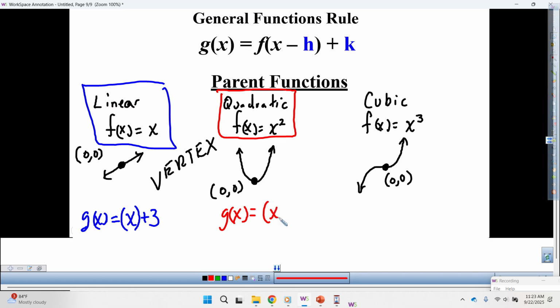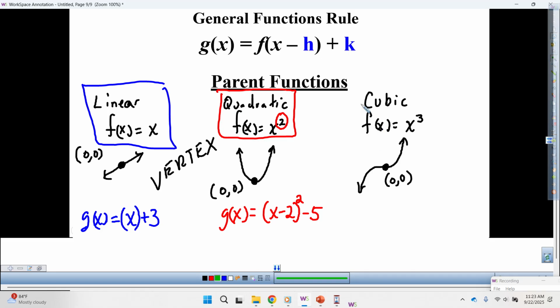What do I write for 2 steps to the right? Minus 2. Now, since this is a quadratic, don't forget the little squared there. And 5 steps down, we do what? Minus 5. How we doing? Good?